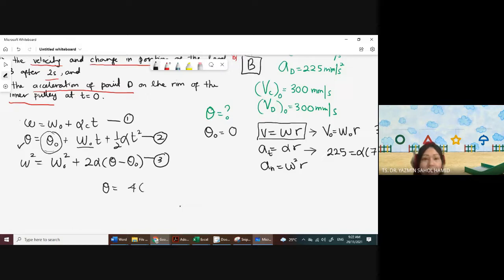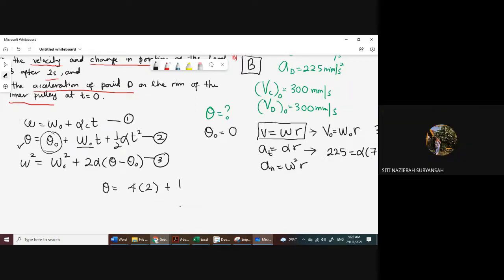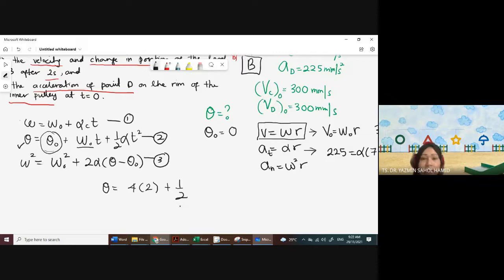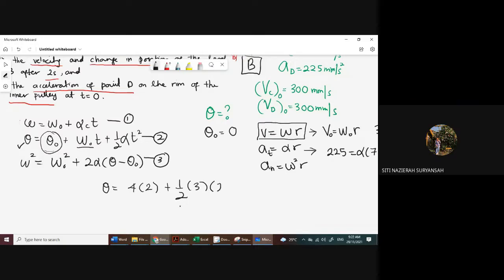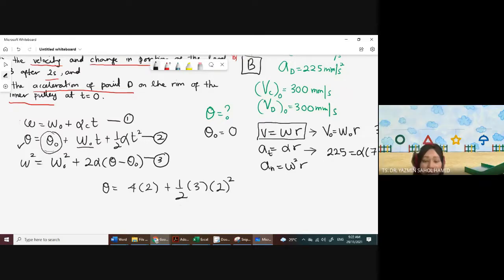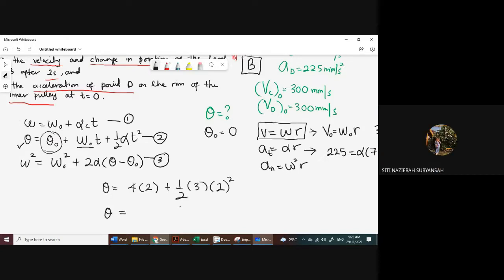Okay, time dia minta apa? 2 seconds, betul tak? Plus 1/2. Alpha kita tadi berapa? 3. And then time? 2 square. Okay. So, theta berapa? 14 radian.